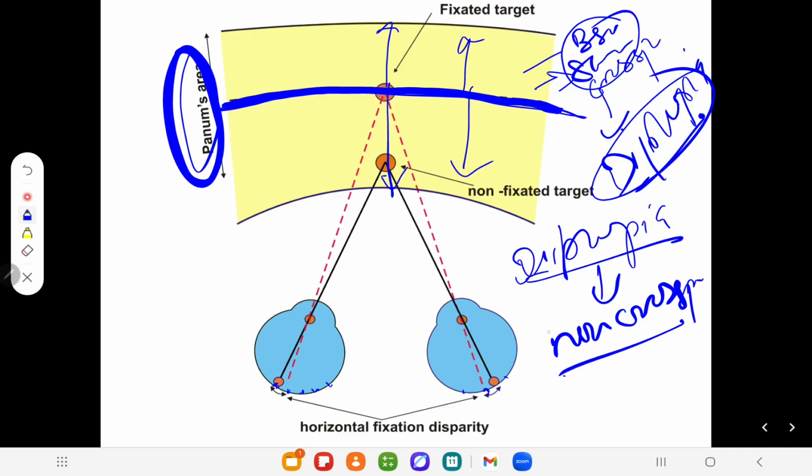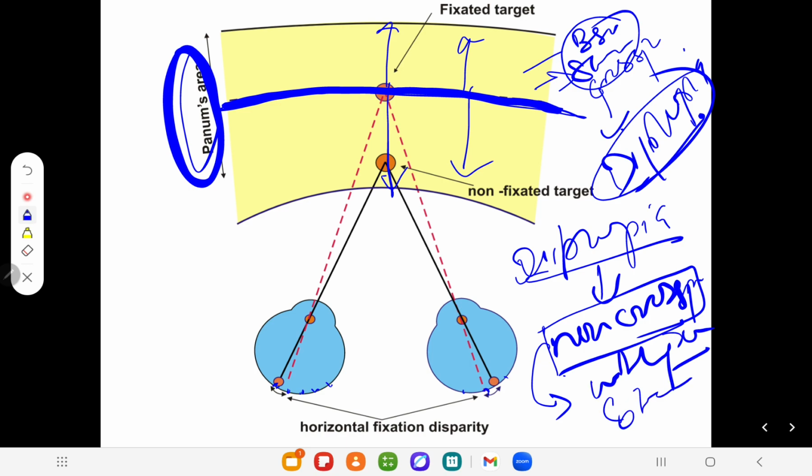But non-corresponding points within Panum's fusional area give stereopsis. Non-corresponding points outside of Panum's fusional area give diplopia. That's the difference. Are you getting the concept?